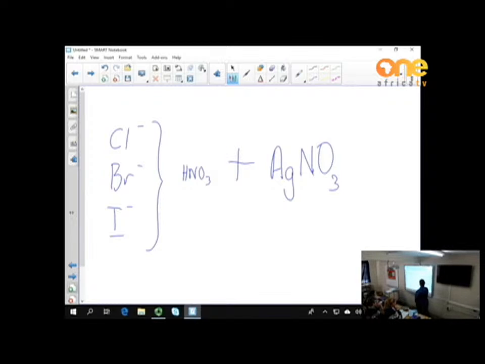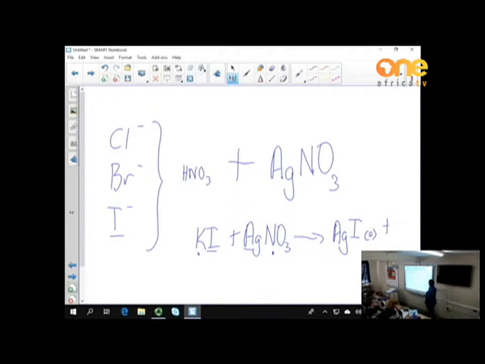Now what happens is, let's say I have a solution of potassium iodide and I add silver nitrate. We get silver iodide and potassium nitrate. Silver iodide is insoluble, and all nitrates are soluble.